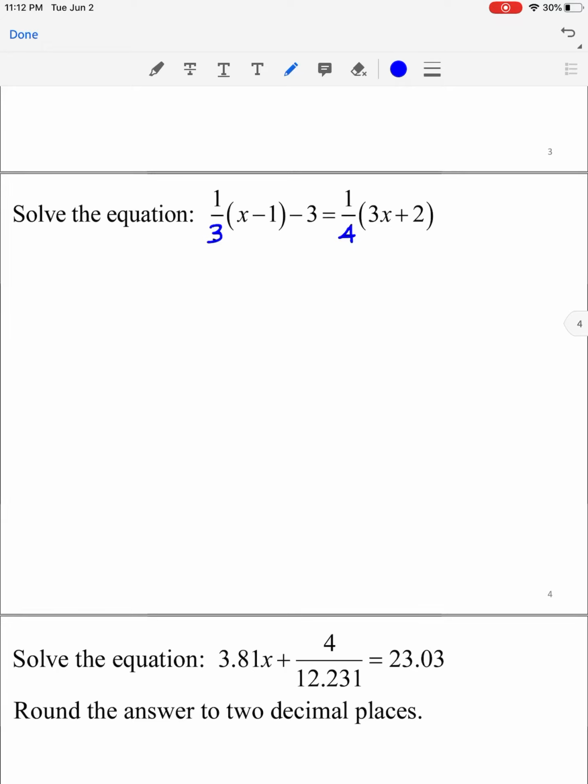So what I'm going to do is multiply every single term by the product of those denominators. So the first term here, multiply it by 3 times 4. I'm going to multiply this second term here by 3 times 4. And I'm going to multiply this final term over here by 3 times 4.